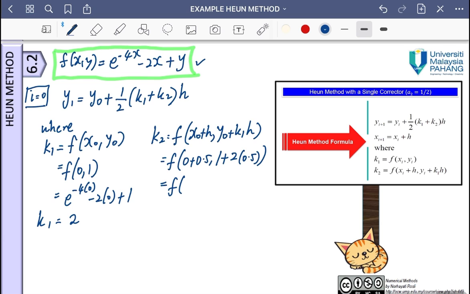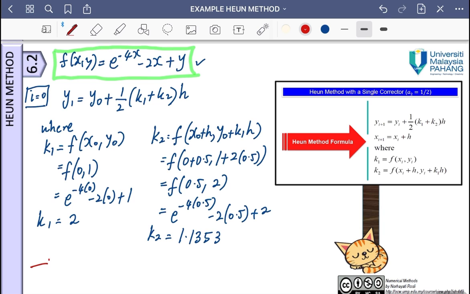If we simplify, we want to calculate the slope at the point 0.5 and 2. Substituting into the equation, we have exponent negative 4 times 0.5, minus 2 times 0.5, plus 2. So you obtain K2 equal to 1.1353, if I set my calculator to 4 decimal places.